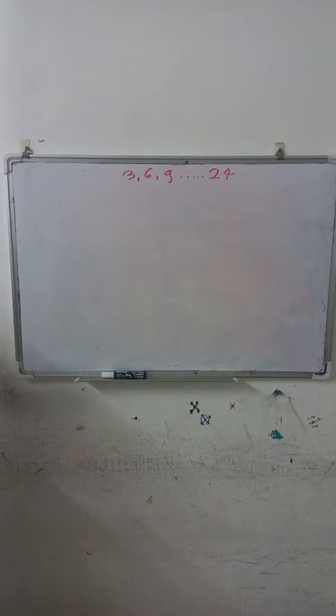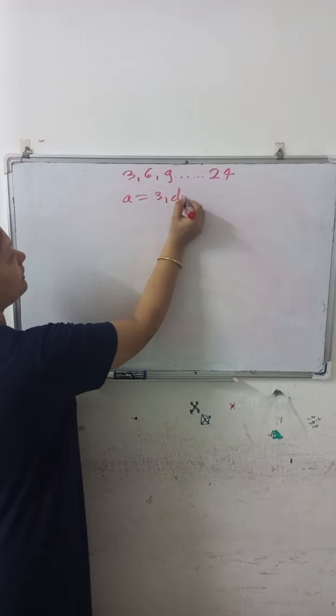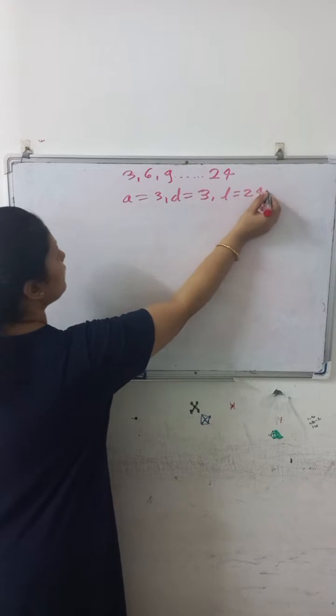So here A is 3, D is also 3, and the last term is 24.